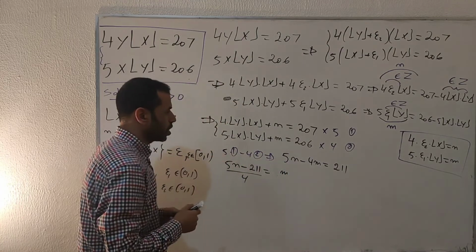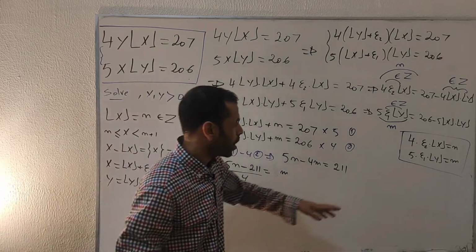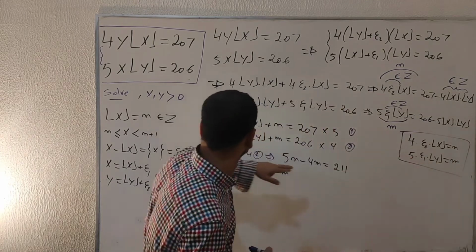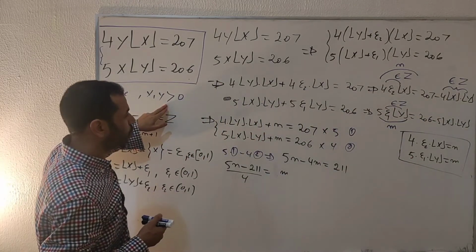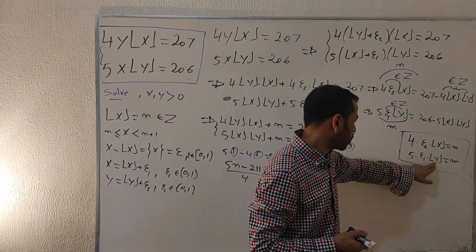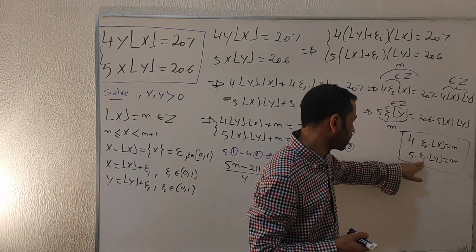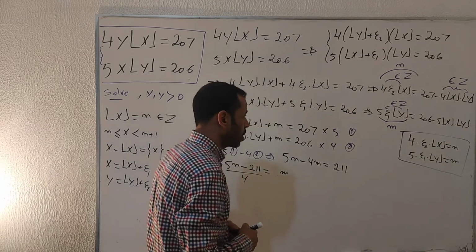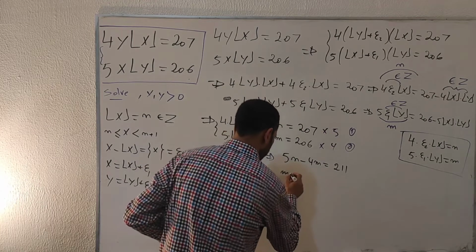What do we know about this m? We know m is an integer, right? Since x and y are positive numbers, the floor of y is positive, and with epsilon 1 positive, that means m is also positive, and m is an integer, which means m must be superior or equal to 0.